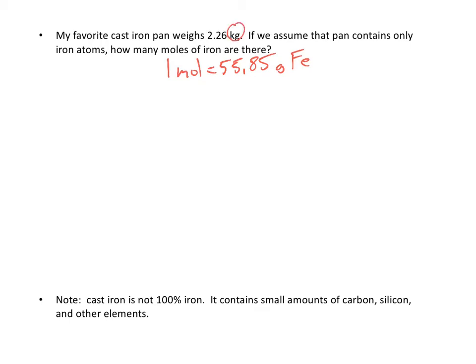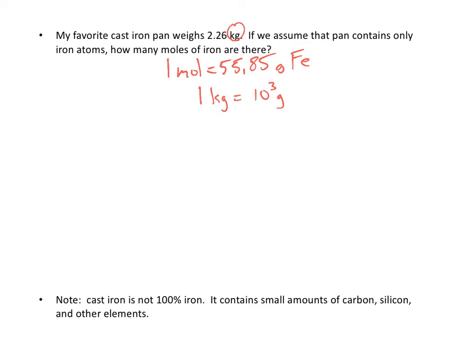But I gave you the mass in kilograms, so we need to convert from kilograms to grams before we can go from grams to moles. Now we know that conversion. We know kilo is 10 to the 3rd, so 1 kilogram, remember the 1 always goes with the side with the prefix, is equal to 10 to the 3rd grams.